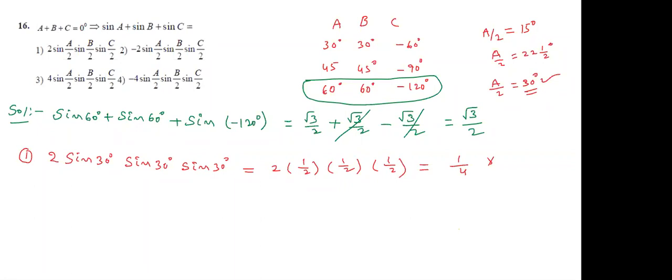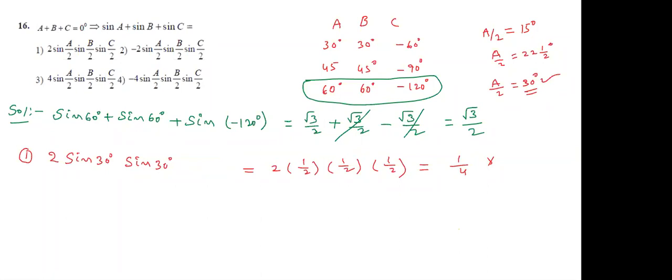Second option, what do we get? But here, all options have sin A/2, sin B/2, sin C/2 only. How can we get the answer? Tell me. Okay, see here. This term, sin C/2, I have written by mistake.